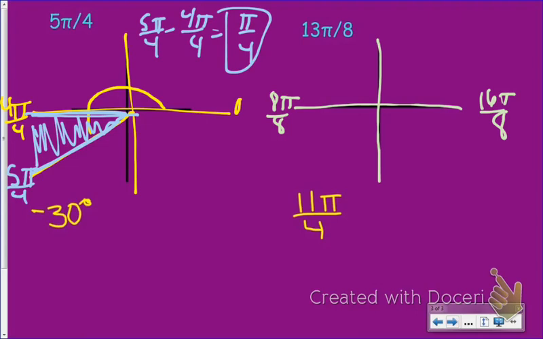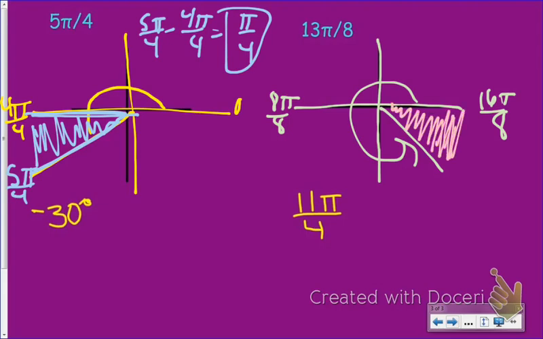Is it closer to 8 or closer to 16? And it's closer to 16, so I'm in the fourth quadrant. So that's 13 pi over 8, which means my reference angle is the in-between section. And to find that, I just have to subtract. 16 pi over 8 minus 13 pi over 8. And I get a reference angle of 3 pi over 8.